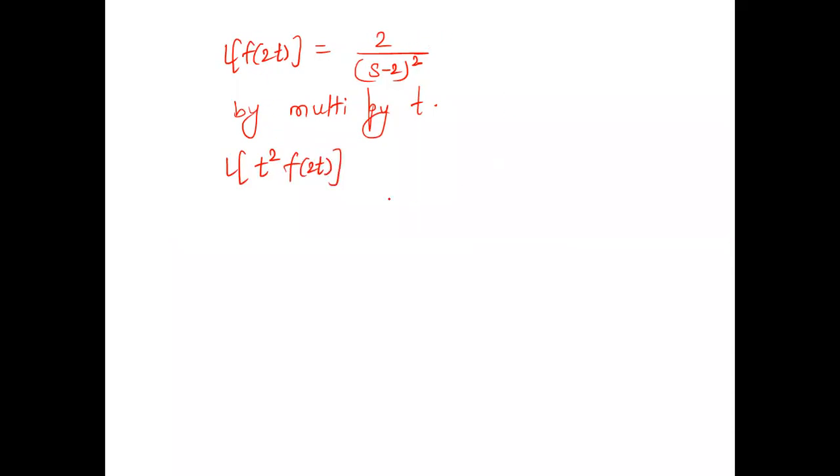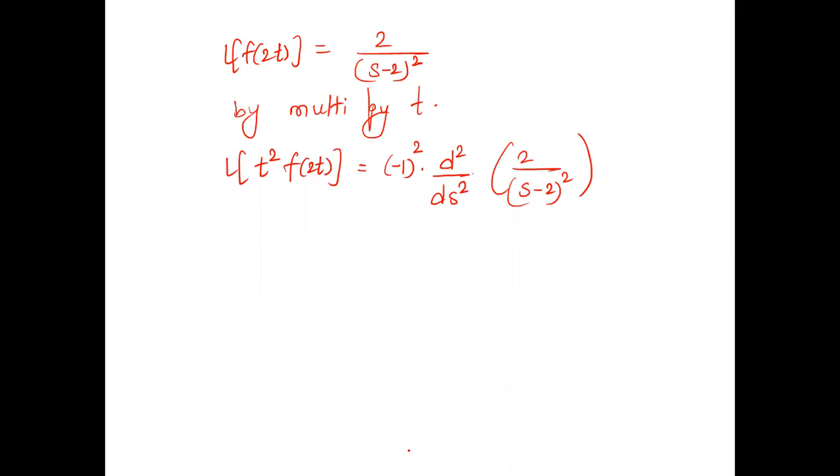So by formula it is minus 1 raised to n, n is 2, d2 upon ds square of this 2 upon s minus 2 square. Minus 1 raised to n, nth derivative d raised to n upon ds raised to n, but n is 2, of Laplace of f of 2t, that is 2 upon s minus 2 square.